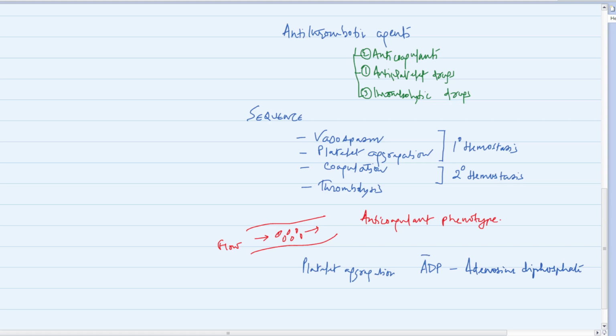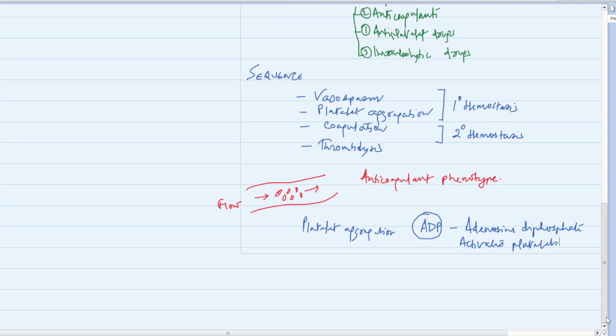So this component activates the platelets, as we'll see further in the lecture.